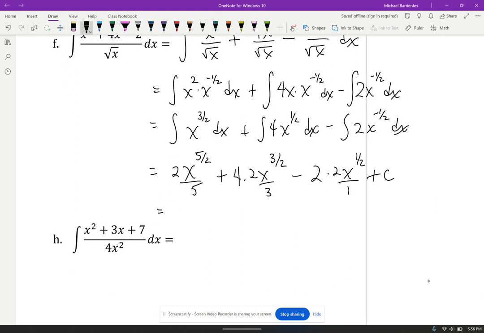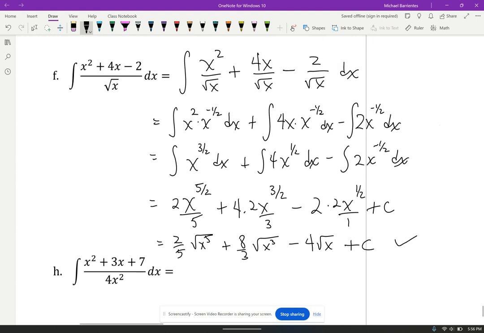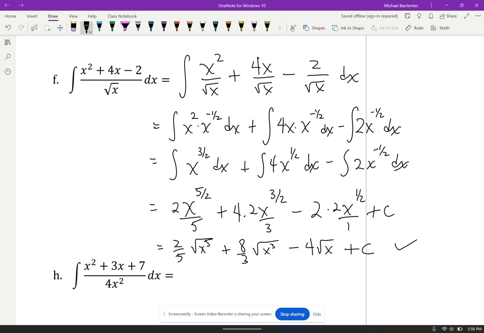And that's going to leave me with 2/5 times the square root of x to the 5th plus 8/3 times the square root of x to the 3rd minus 4 square root of x plus c. And that would be my antiderivative for letter F.